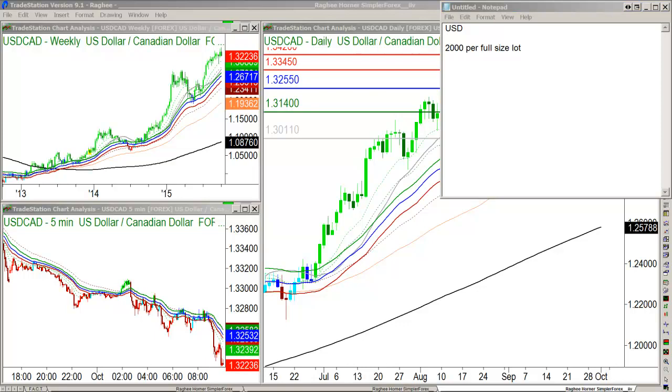That right there should get a lot of people's attention, just how inexpensive it is to trade. Then the pip value for dollar Canada, I'm talking full size, so if you're trading minis, just divide it by 10, is $7.50 per pip. Not too bad, right?